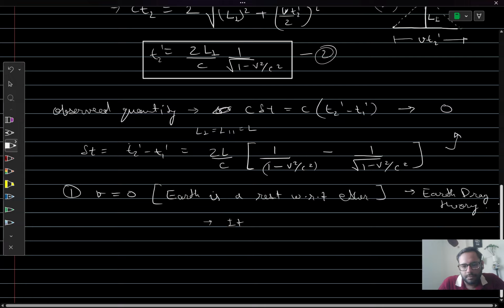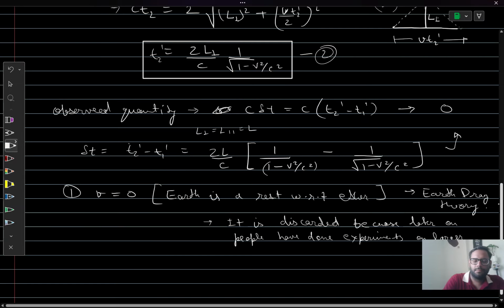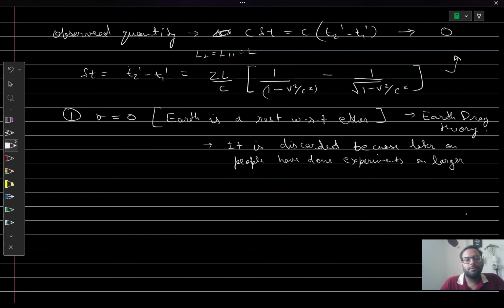It was discarded because later on people did further experiments on larger scales. Just hold on for a few minutes because I want to explain something deeper. We have done these calculations, but I need to explain something.